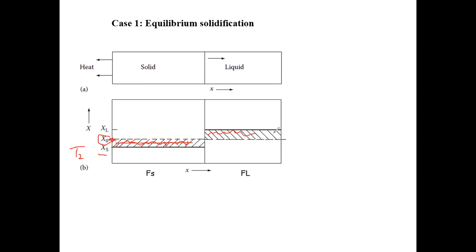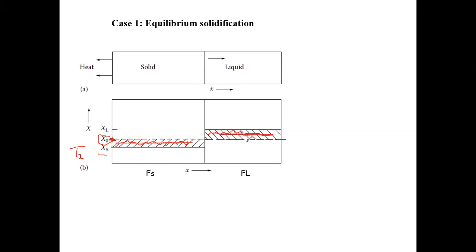It's the amount of solutes received by the liquid phase, right? Because the only way it can increase its composition is to receive some solutes. The shaded region tells you the amount of solutes received by the liquid phase. Does this make sense to everyone? Okay, so we're looking at this shaded region.